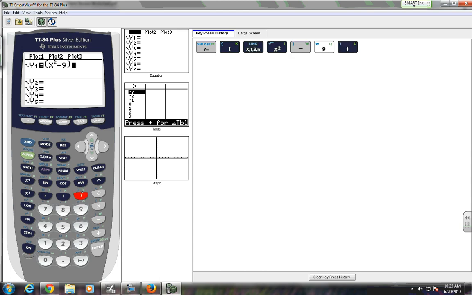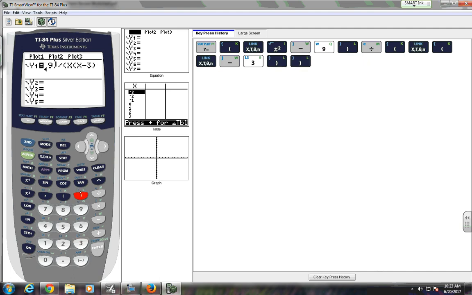So there's my entire numerator, x squared minus 9, divided by, and I'm going to enclose my denominator in parentheses as well, x times x minus 3. Notice I'm plugging in the original function before we reduced it. That way we can examine our other limit here in a minute.